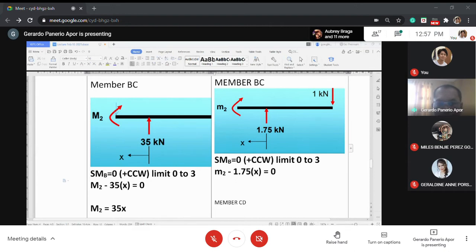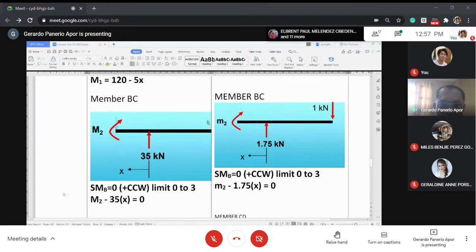So I include the 1 now. What happens is there is no load at D, but here there is a load, so it will be included.